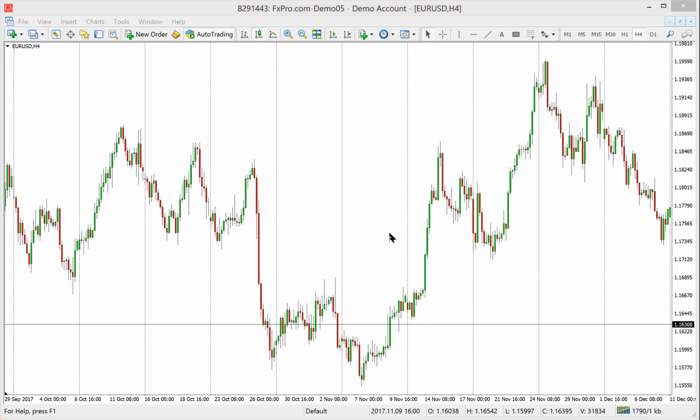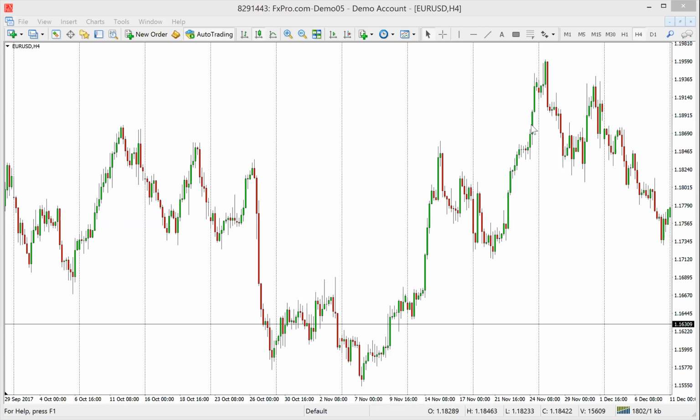How long does my average trade run for? Because I'm entering on a 4-hour time frame, you should be in a trade for at least 4 hours, because each candlestick represents 4 hours. If you enter on this candlestick and think, oh, I've been in the trade for 3 hours and I'm not in profit, I'll just exit, you can see that you would have exited within this candlestick here.